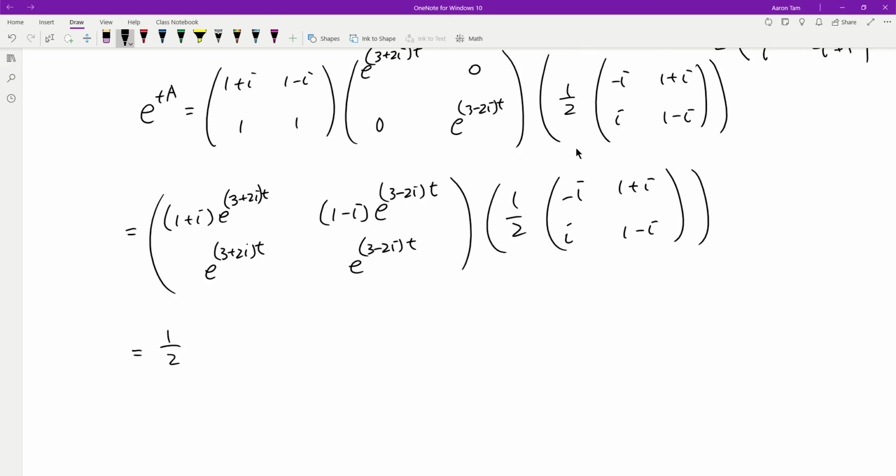So this would equal negative i times 1 plus i, which becomes negative i plus negative i times i, which is minus i squared. So that becomes plus 1, e to the 3 plus 2i t, plus 1 minus i times i becomes i minus i squared.